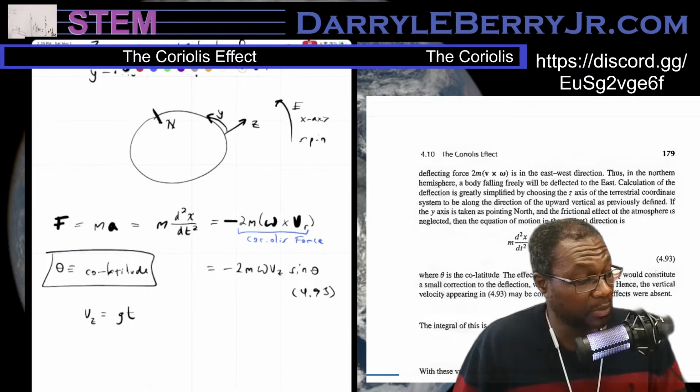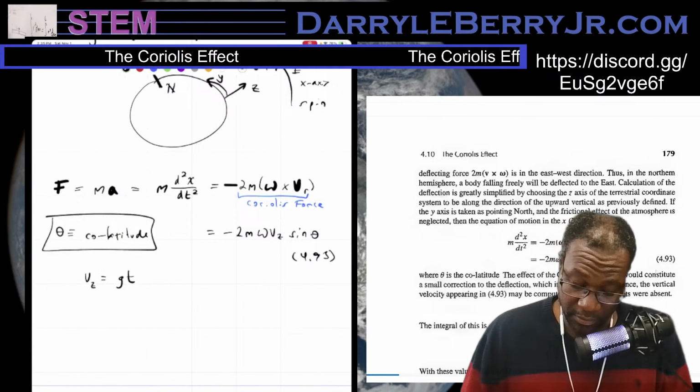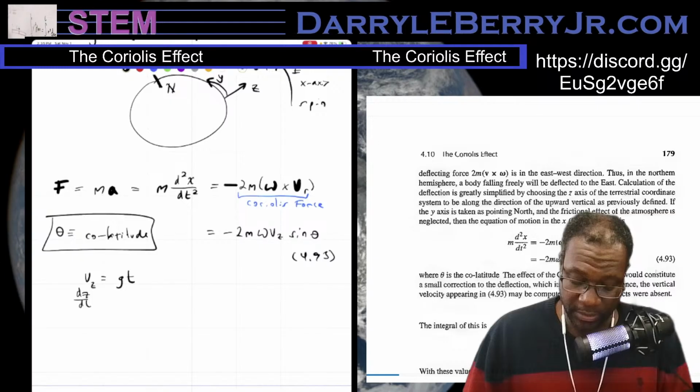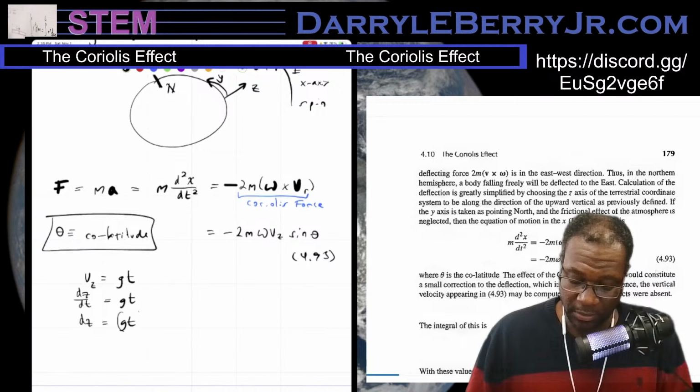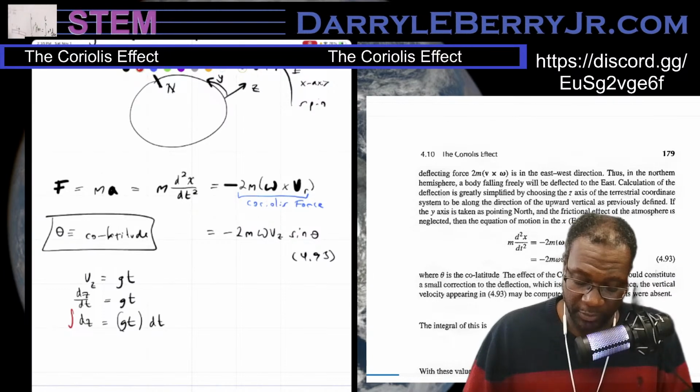Simple enough. The integral of this is, so dz over dt equals gt. So dz equals gt dt. Integrate both sides.